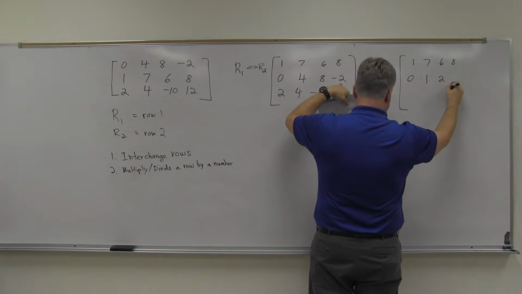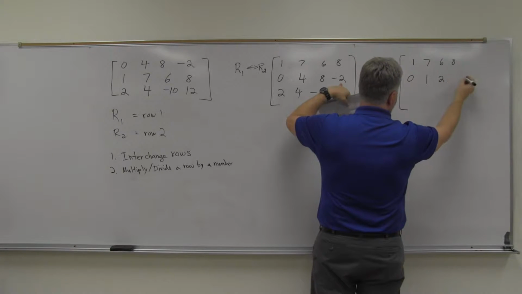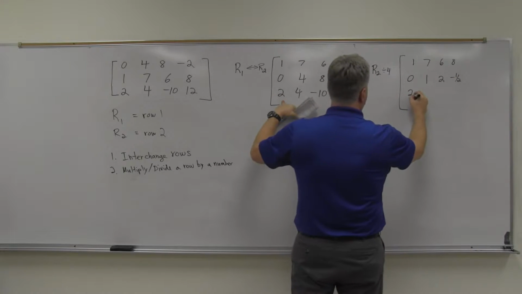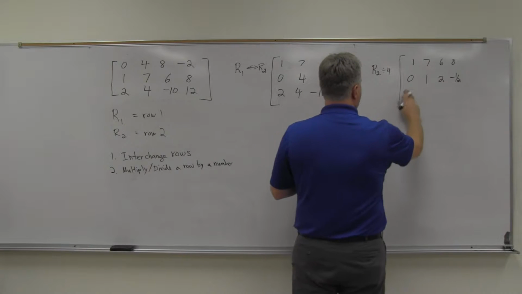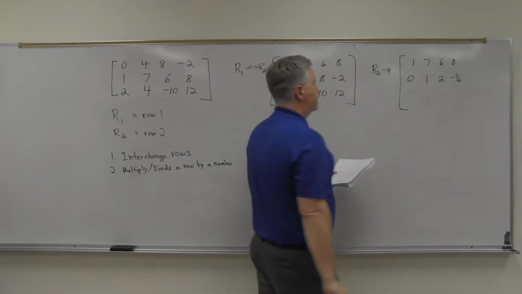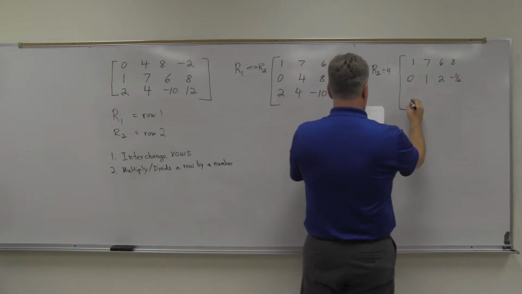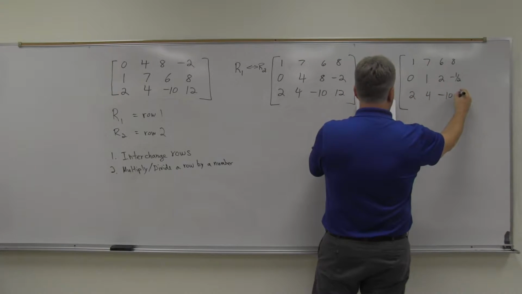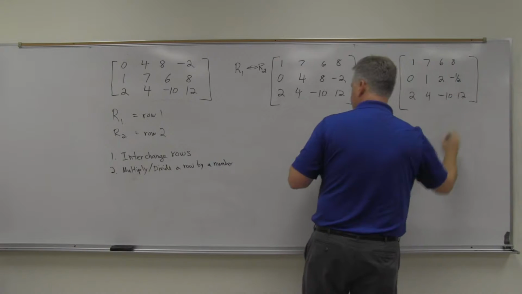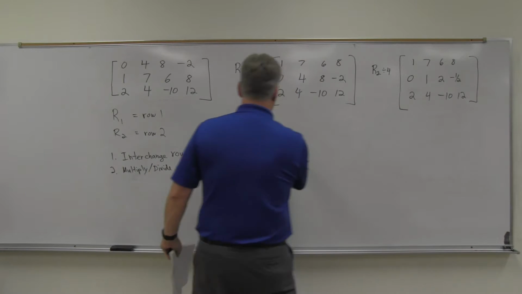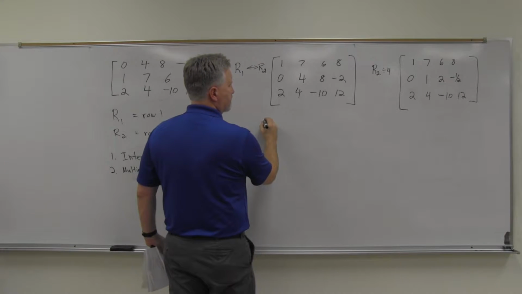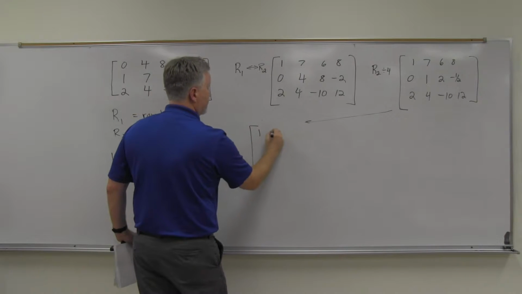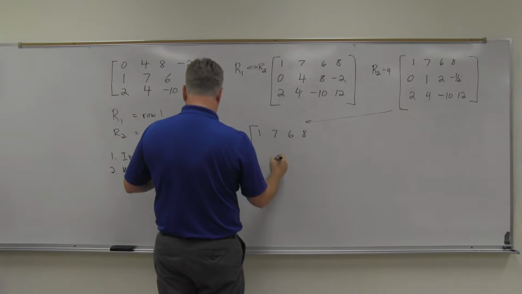And negative 2 divided by 4 is negative a half, or negative 0.5, however you want to write that. Okay, so it doesn't get too confusing, let me bring this one down here. I want to do one more thing at least on this one.